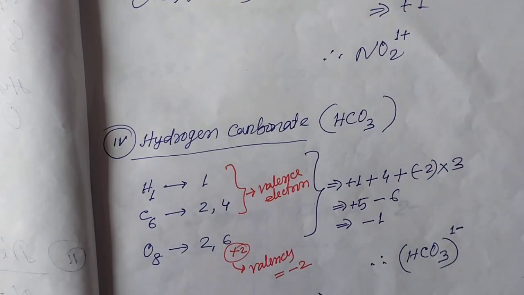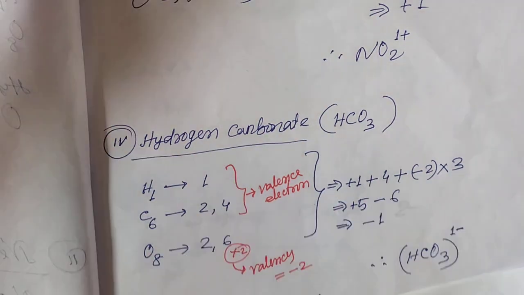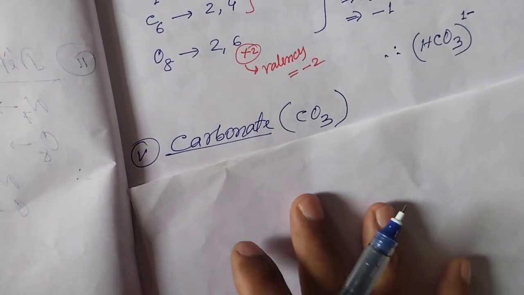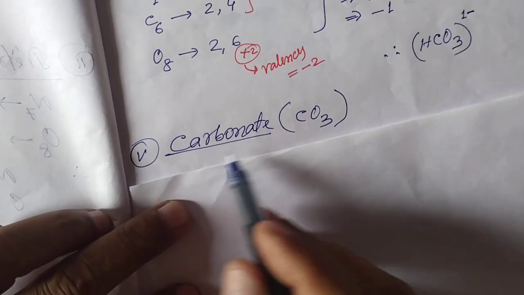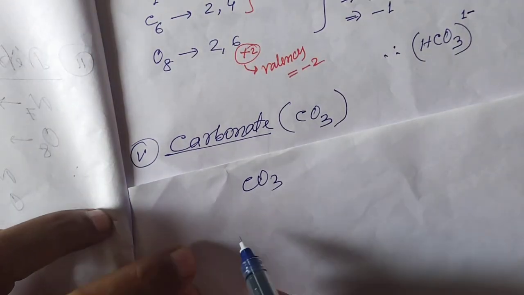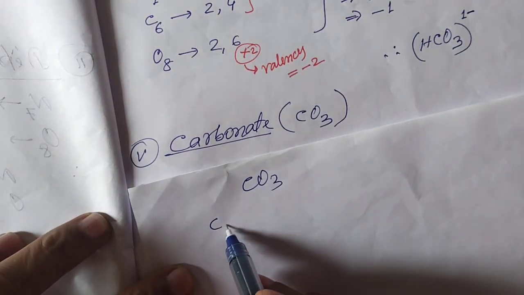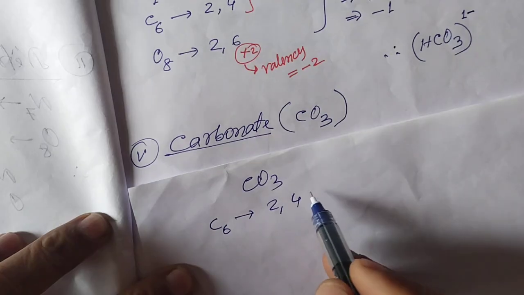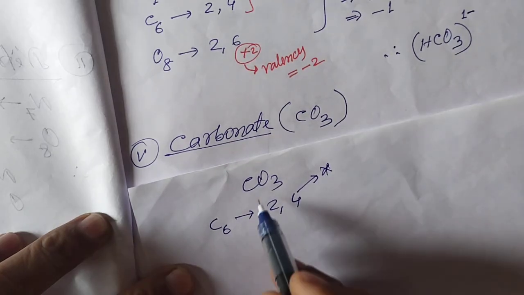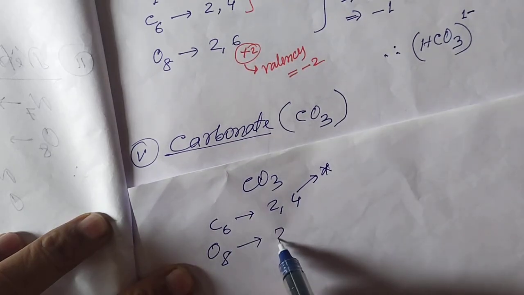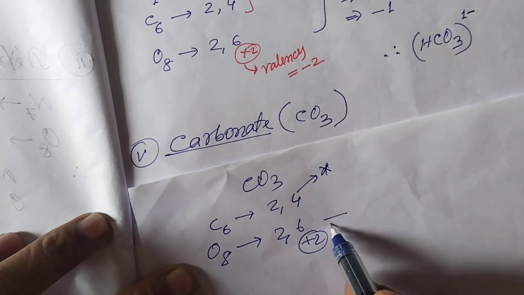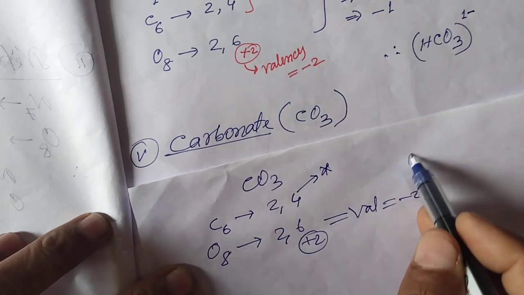Now another one, carbonate, CO3. How to find it: carbon is 6, so 2 and 4, valence electron 4, and we take the valence electron. Oxygen 8 is 2 and 6, borrowing 2 electrons, valency -2.